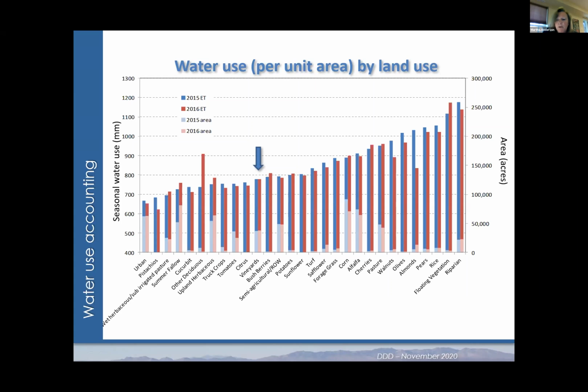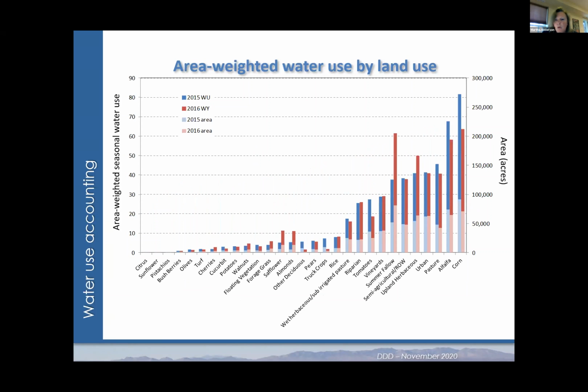in wine grape production. But if we then weight this water use per unit area by the total land area that's occupied by each of these crop types, we get a different picture of the overall water use. And now vineyards is up here. There's been a rapid expansion in the installation of vineyards in California in recent years, and a big associated increase in water use.